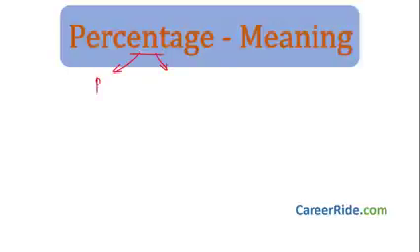One is that percentage means part, that means a part of something. And percentage has this symbol, and it means divide by 100. These are the only two meanings of percentage that we need to know to solve the sums. Percentage very simply means a part, and percentage means divide by 100.